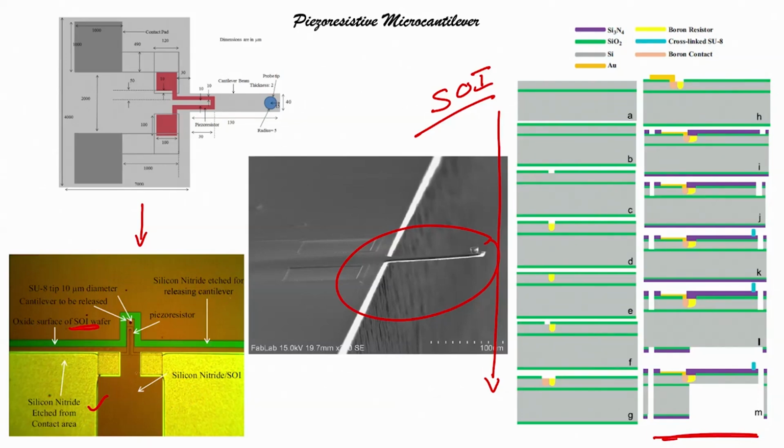Everything is written over here, and there is a role of silicon nitride in this particular piezoresistive cantilever, right. The role of silicon nitride is to compensate the stress that is obtained due to the silicon dioxide film.